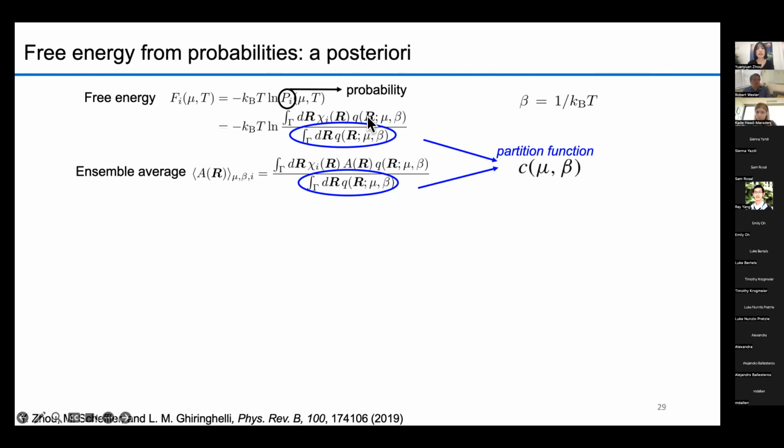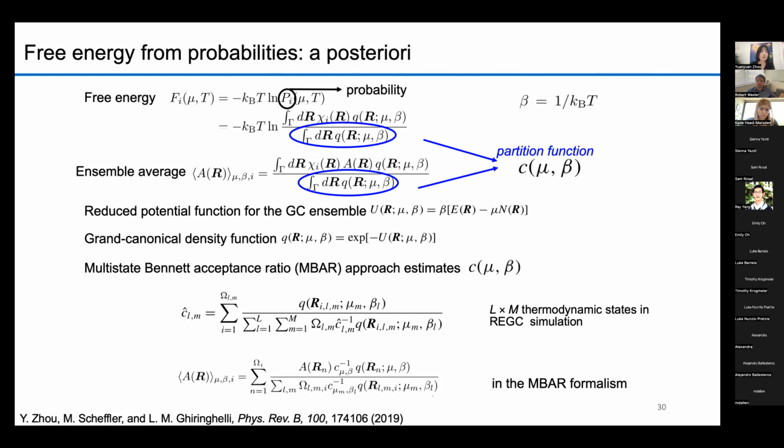Here capital R is a configuration sampled in the replica exchange grand-canonical, and the normalization in the denominator is the partition function. Moreover, I want to note that this K_i means the indicator for the phase i. So you always need to first define a descriptor for your phase. Then you can calculate the free energy if you know the partition function.